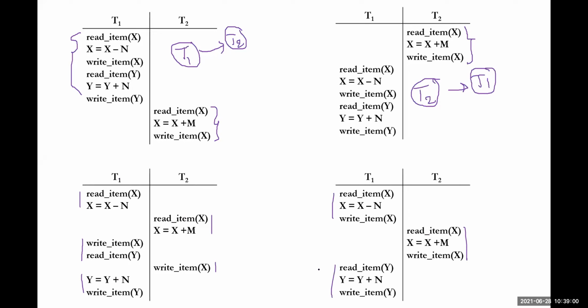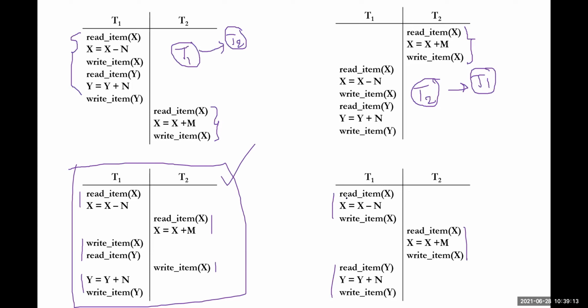Likewise, we have many schedules. We would like to take this particular kind of schedule into account, and the discussion will be based on it. What is the problem of this particular schedule will be discussed.